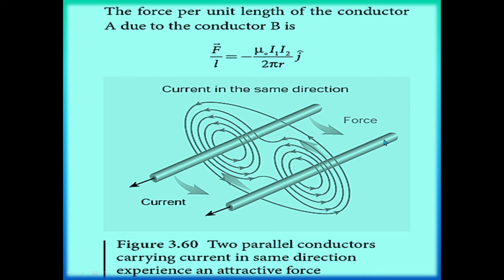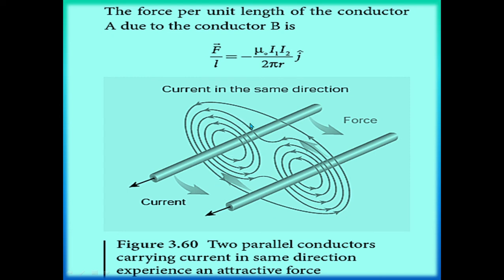When current passes in the same direction, the magnetic fields form in this way, so both conductors A and B attract each other. Two long parallel conductors carrying current in the same direction experience an attractive force.